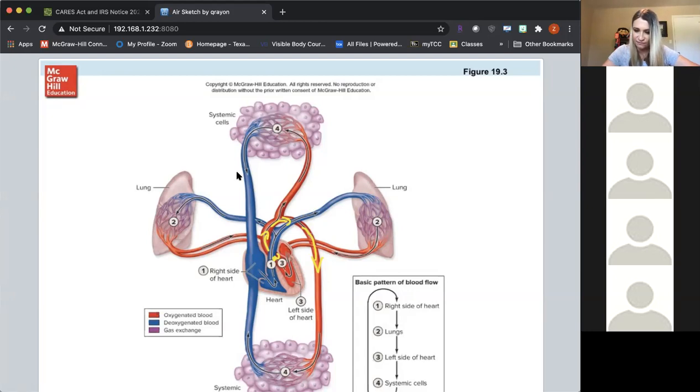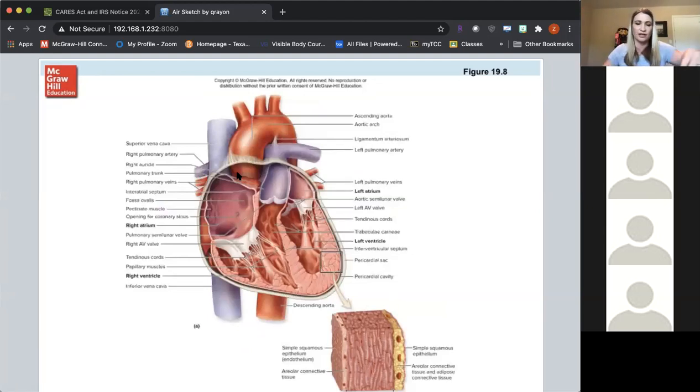This is figure 19.8, I believe, from the 3rd edition. So it should be figure 19.8 in your textbook, and it shows you the internal features of the heart as well as the great vessels that are associated with the heart.